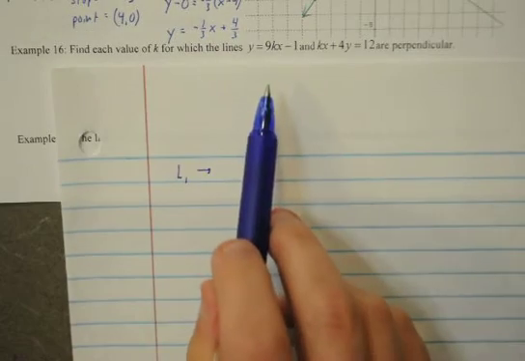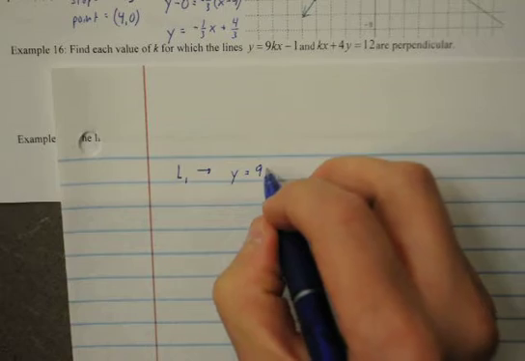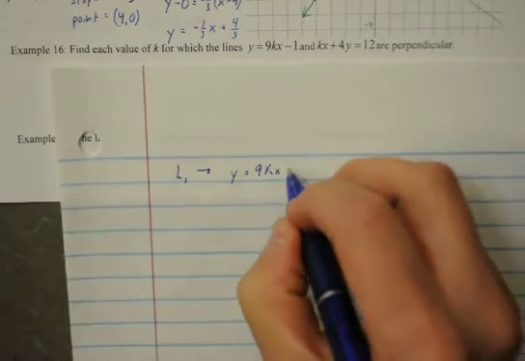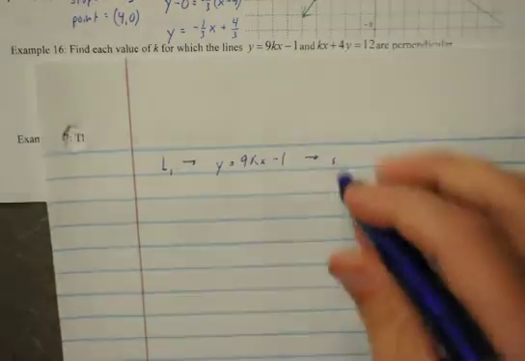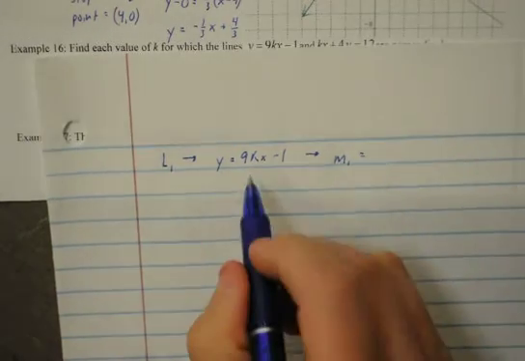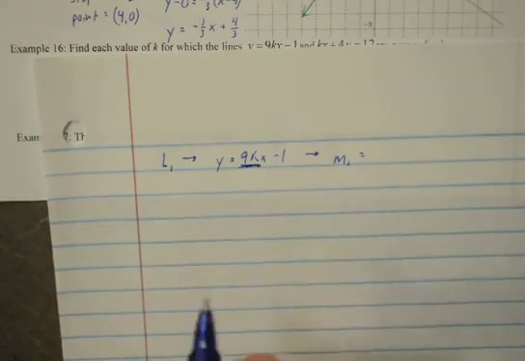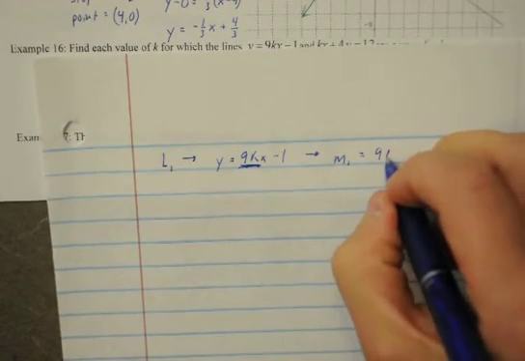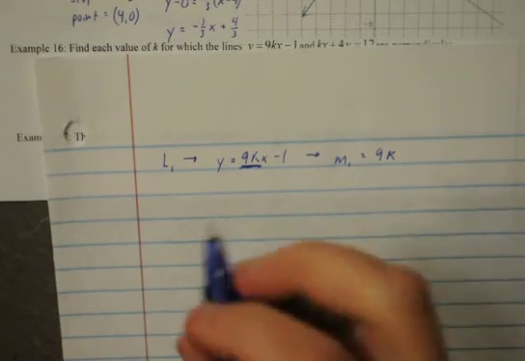Our first line is y equals 9kx minus 1. And therefore the slope of this line is right here. This is like your mx plus b. So the slope of the first line is 9k.